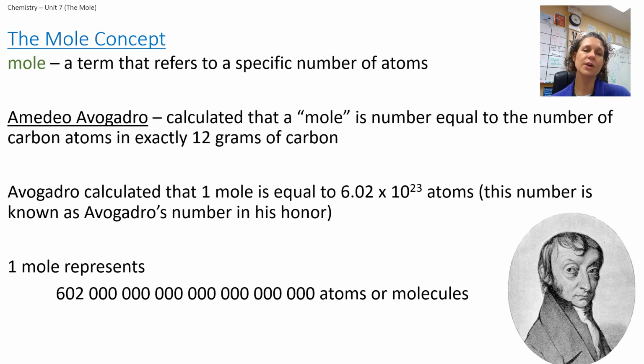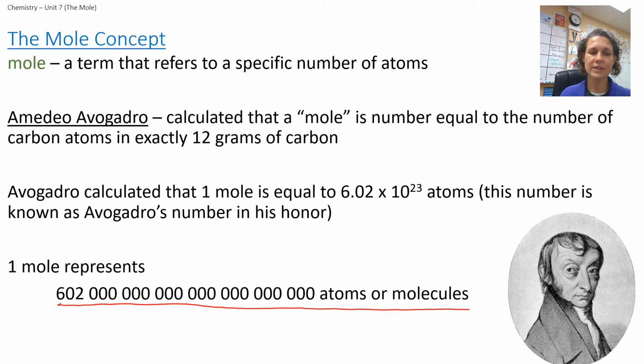And so he based all of this on the number of carbon atoms that are in 12 grams of carbon. 12 grams is the molar mass of carbon from the periodic table, and so he calculated how many molecules could actually be in that amount of grams. And he came up with a number, 6.02 times 10 to the 23rd. And so that's that big number that is listed there at the bottom of the screen.